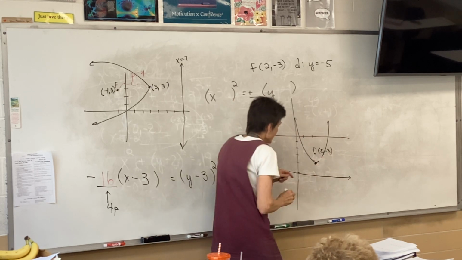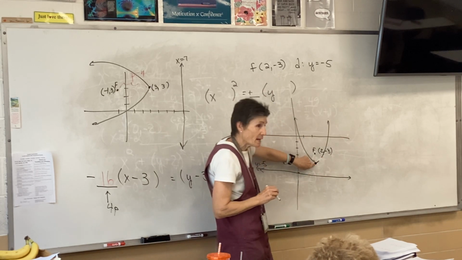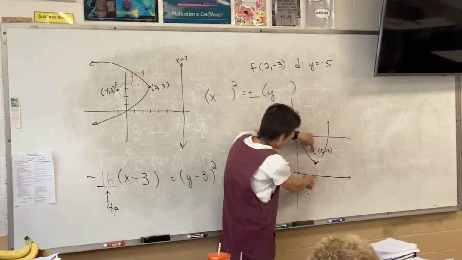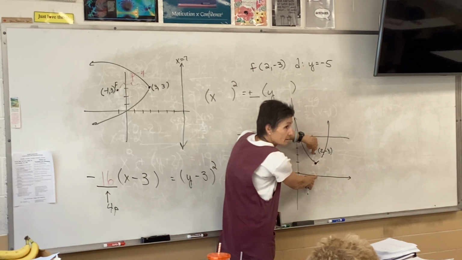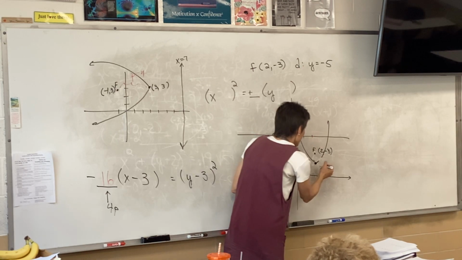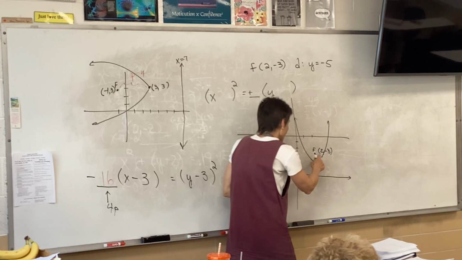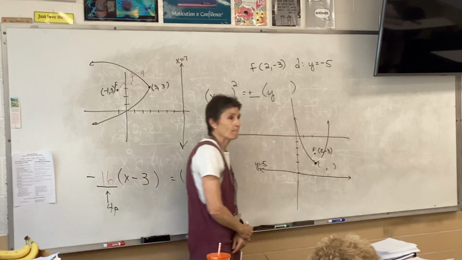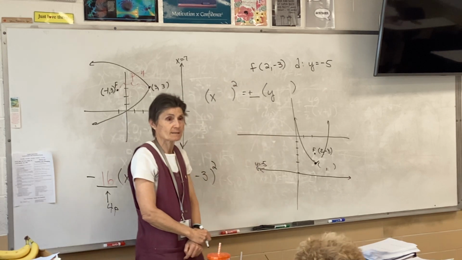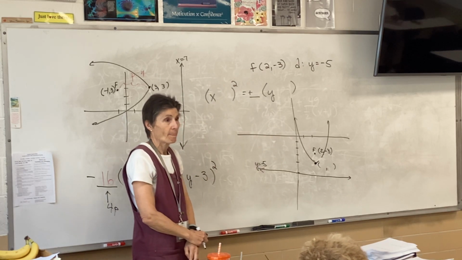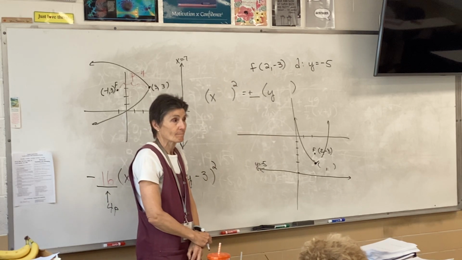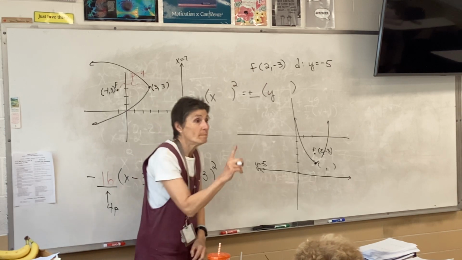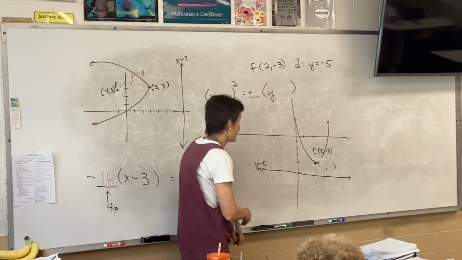Now, the vertex is going to be right in the middle of these. Would you agree with that? So any thoughts about, let's see, that's -3, this is -5. Any thoughts about what that point might be, the vertex there, right in the middle? Y is -2.